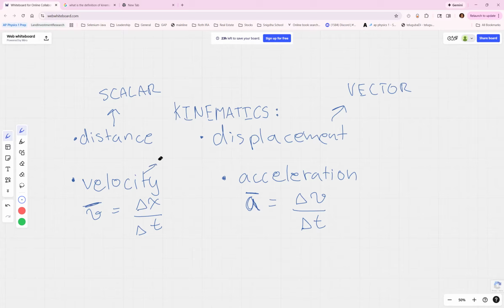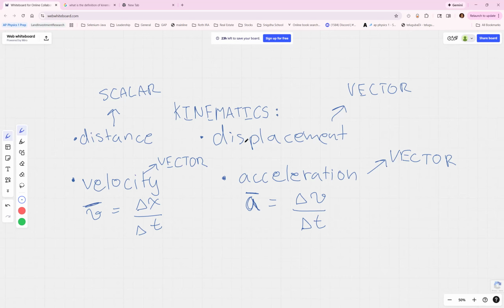Velocity is also a vector because it talks about direction and magnitude, and acceleration is also a vector because it directly describes velocity. These are all the main points to remember from today's video, like a summary. These are the four main definitions or topics discussed in kinematics, and they are all connected to each other at the end of the day.